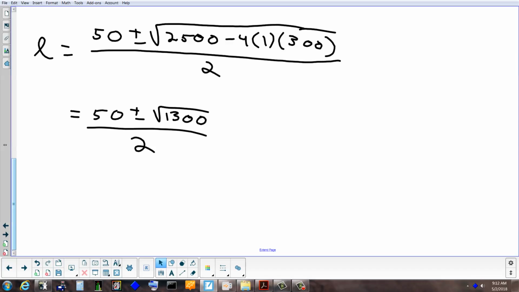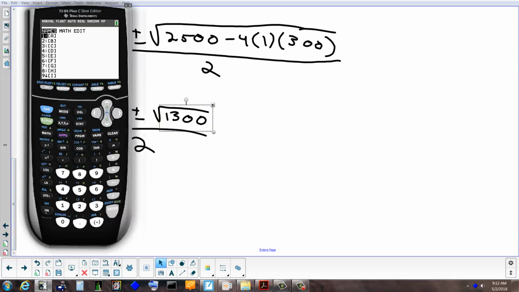And actually, we're going to get 2 answers, right? Unless one of them comes out negative, but I already know the square root of 1,300 is smaller than 50, right? Because if you take 50 times 50, that's 2,500. So even if I do 50 minus the square root of 1,300, it's not a negative number. So both answers are going to work. Right, so we'll call them length 1, length 2. So the first one, we've got 50 plus square root of 1,300.